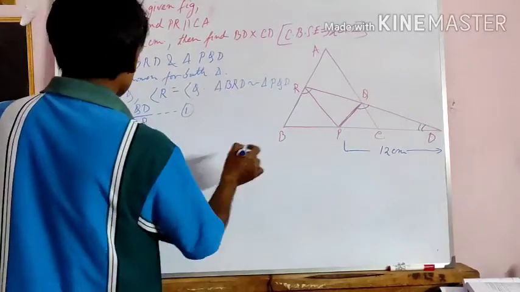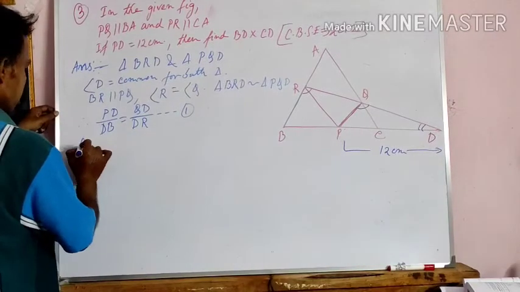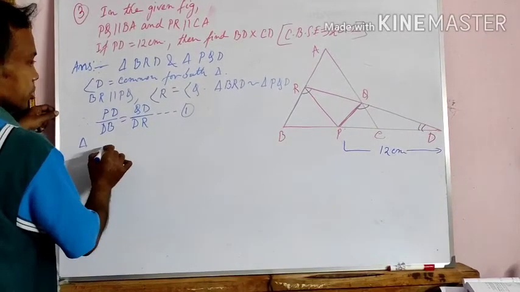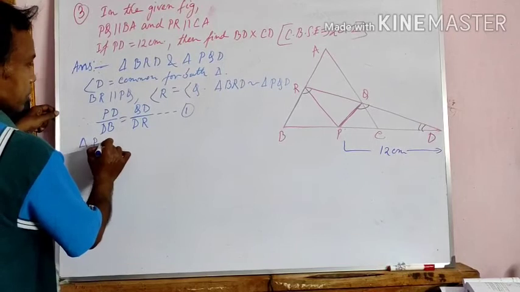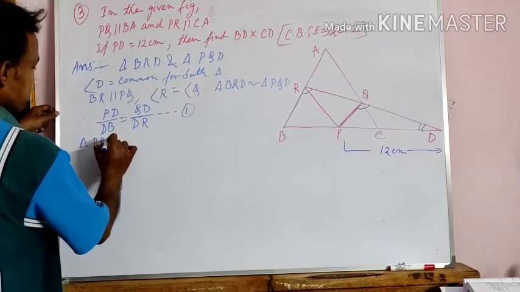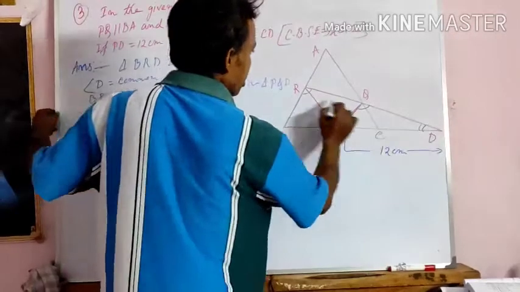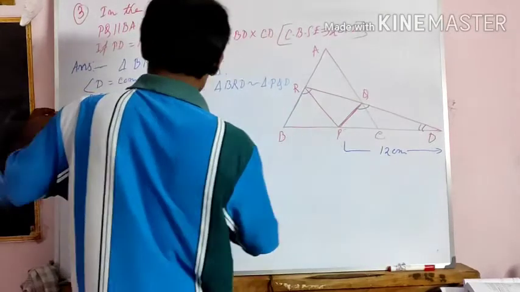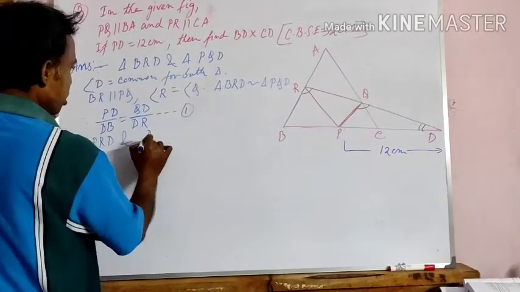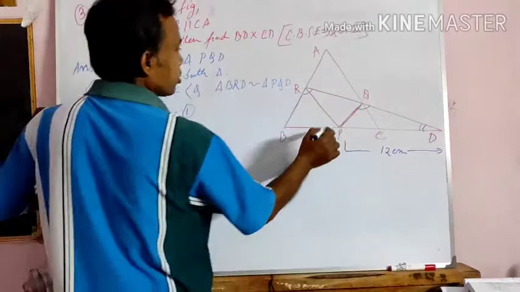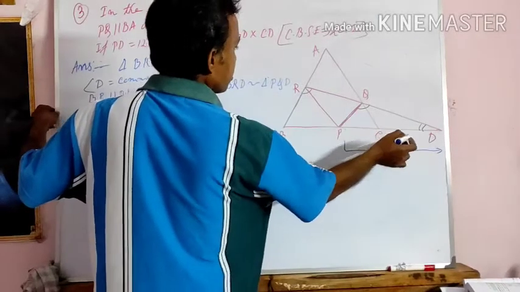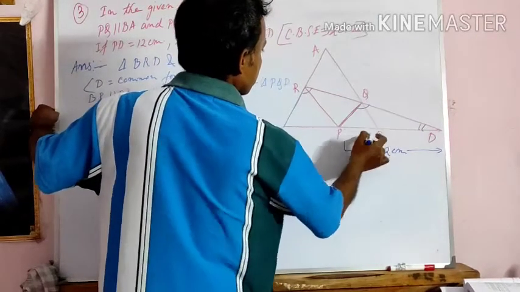Now take another two triangles, triangle PRD or DPR, and triangle DQC.